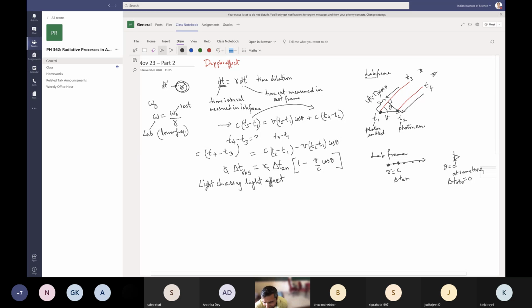This particle is moving at almost c, right? And it's also emitting photons as it is moving at speed c. And all these photons which are emitted here, here, here, and here, all of them reach the observer at the same time. Okay, so that's why this is light chasing light.